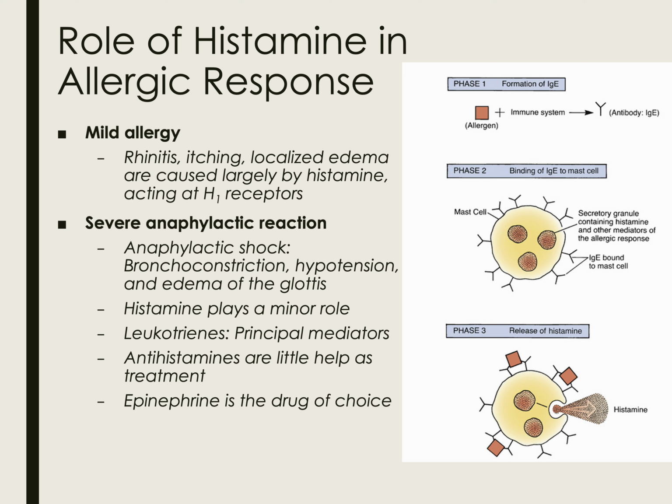Initially, we need an allergic release produced by antibodies of the IgE, or immunoglobulin E, class. These antibodies are going to be generated after an exposure to a specific allergen.